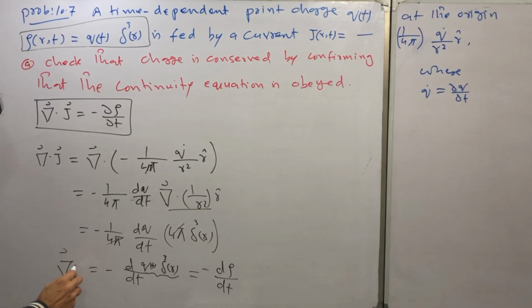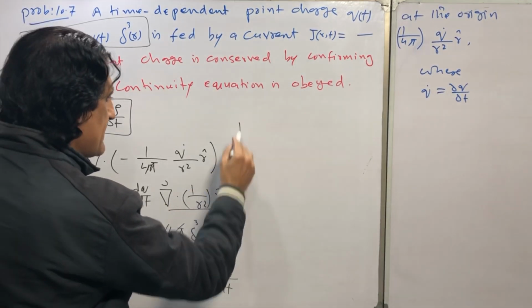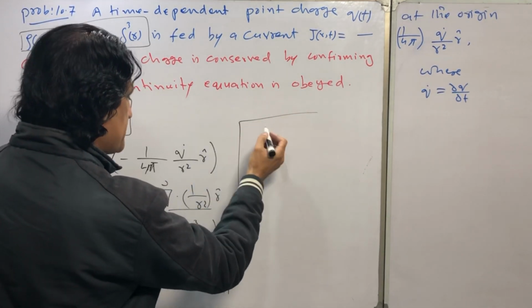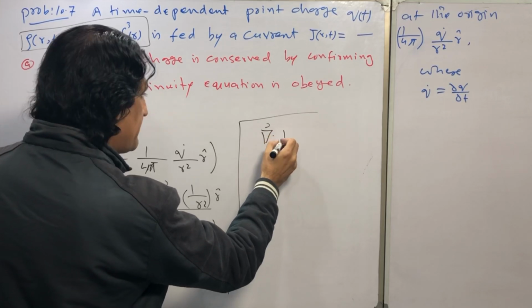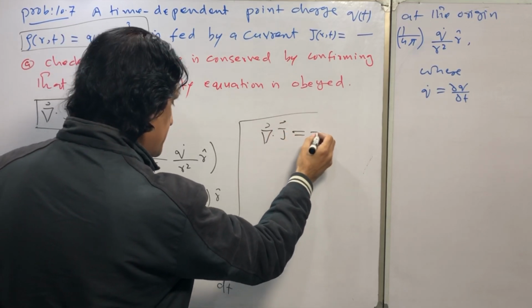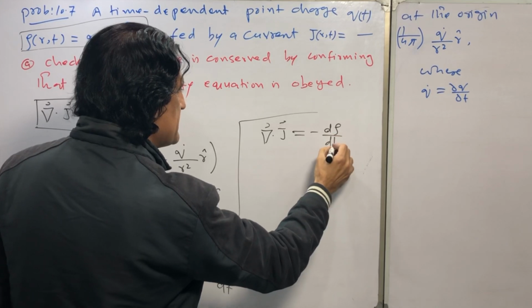So we started from this divergence and reached this equation. So it means that the charge is conserved, because this is confirmed from the continuity equation, d rho divided by dt.